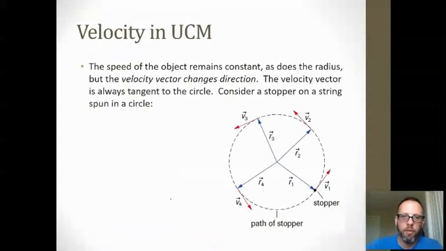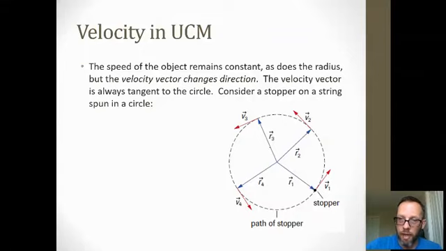So here's a little visual. If you can imagine a stopper on a string just being spun in a vertical plane, kind of like that. The speed as you twirl it around and around remains constant, and so does the radius. However, because the direction of the stopper is changing, the velocity is changing.